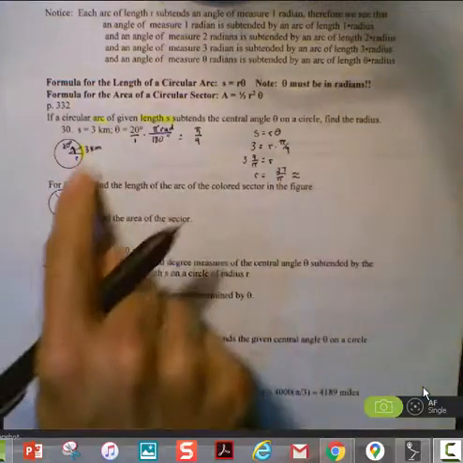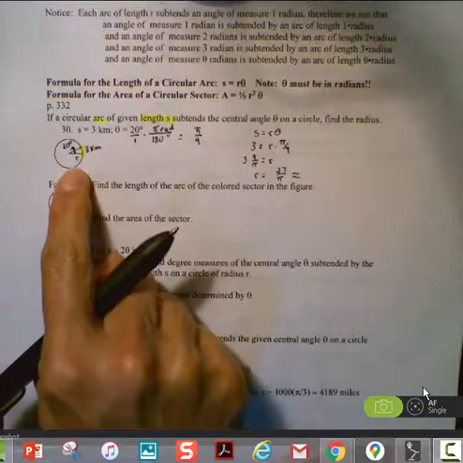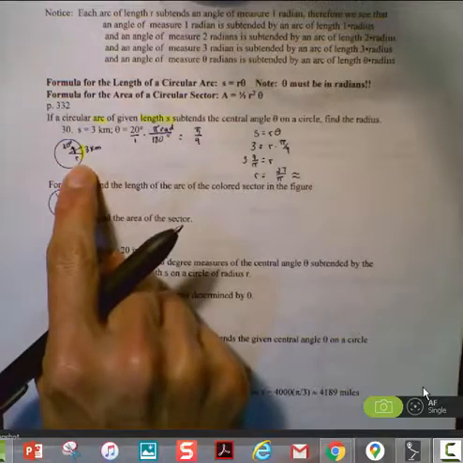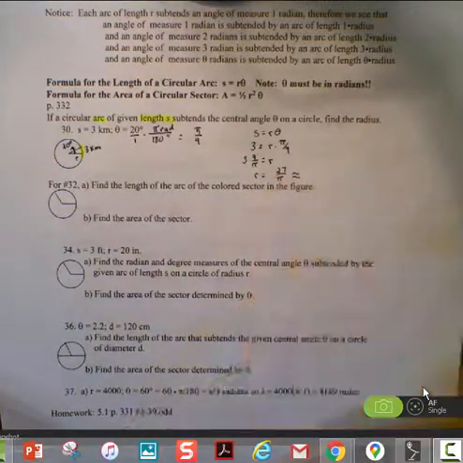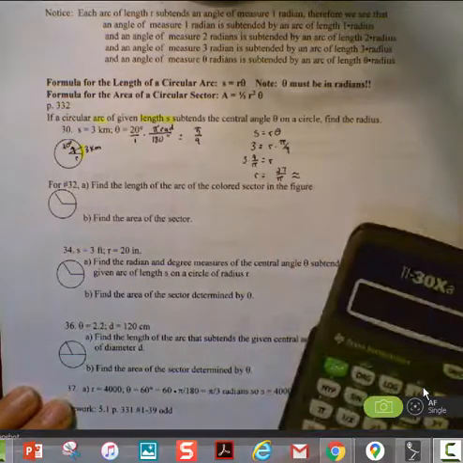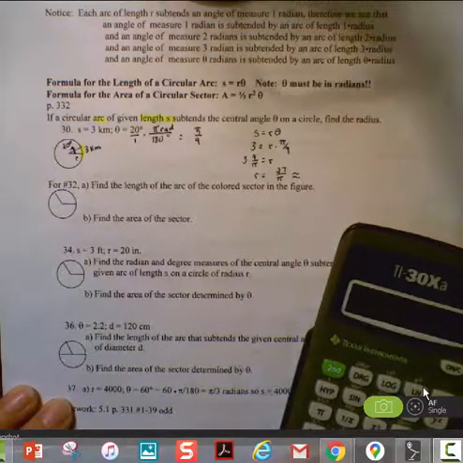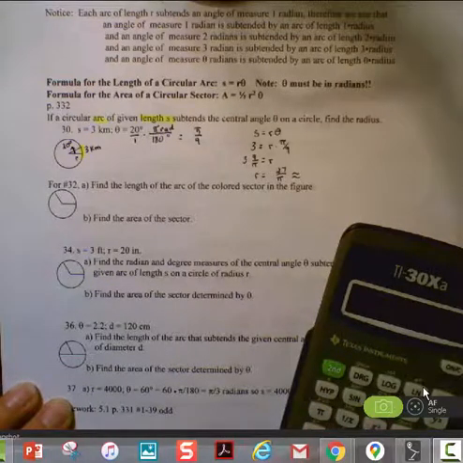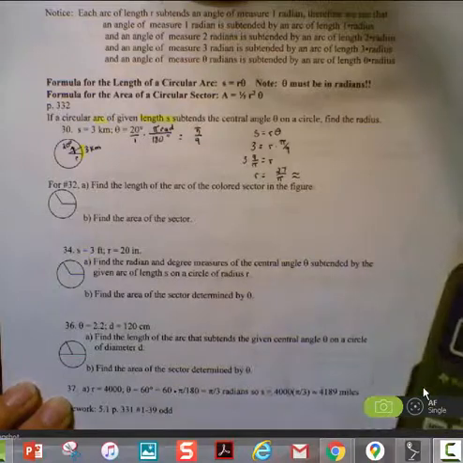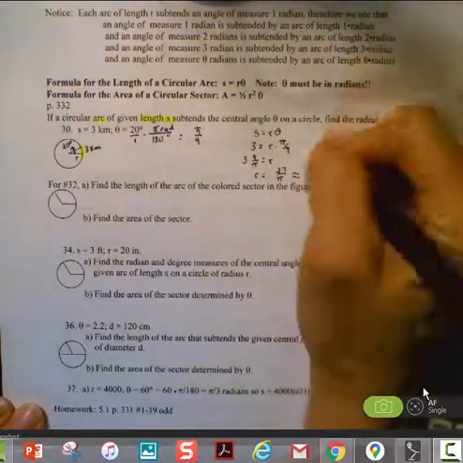And we're not told exactly how to give the measure of r. If on the test I was asked for an exact answer, I'd leave it as 27 over pi. If I was asked to round it to, say, 2 decimal places, I could punch that on the calculator, and it's about 8.59.